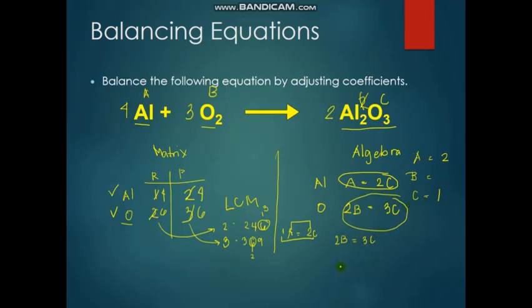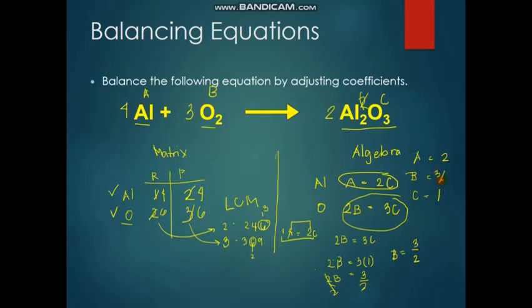Since C is equal to 1, we will multiply it by 1. So 3 times 1, 2B is equal to 3. So we simplify this by dividing both sides by 2. So this will become B is equal to 3 over 2.